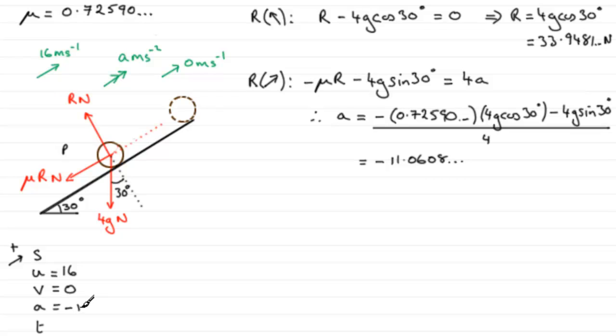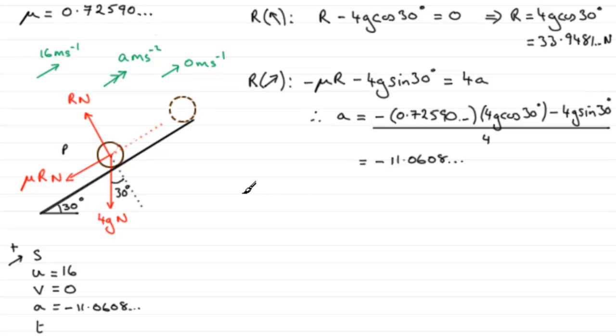It's minus 11.0608 and so on. So what equation would we use for something like this? Well, it's going to be v squared equals u squared plus 2as.